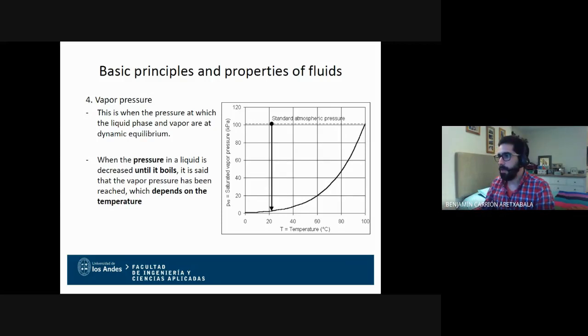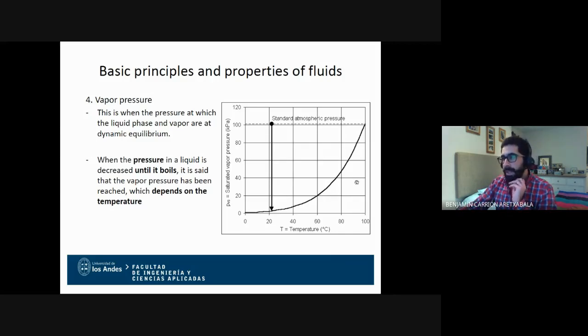I don't know if any of you have cooked in the mountains, but the water there boils at a lower temperature. It doesn't boil at 100 degrees because the atmospheric pressure on the mountain is lower. It depends where you are, but it boils at around 80, 90.